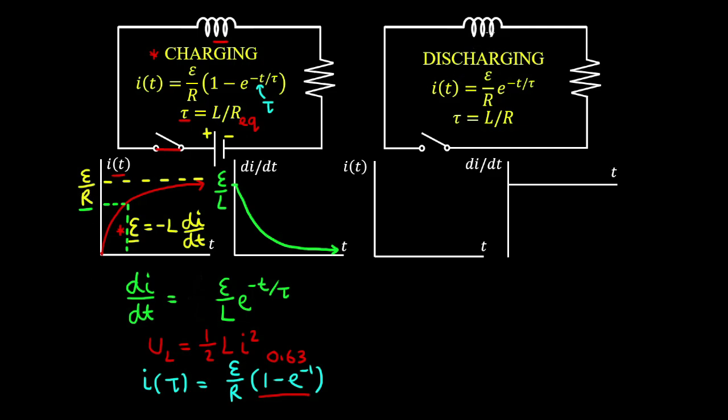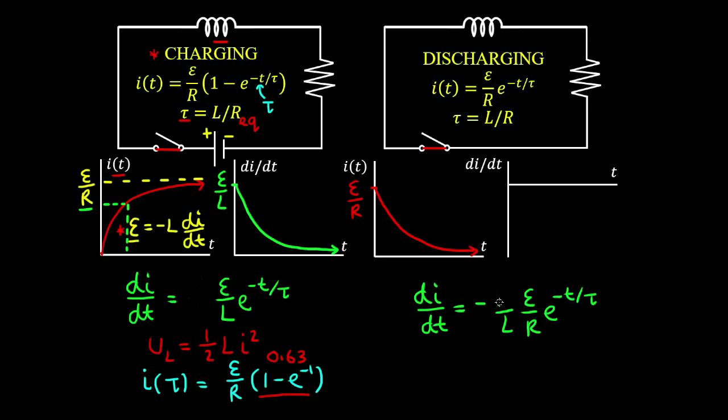Now for the case where the inductor is discharging, so initially it has stored energy in its magnetic field, when we close the switch, the current starts at epsilon on R and then reduces gradually and asymptotes to 0. And again, if we differentiate the current with respect to time, we get minus 1 on tau, which is R on L, by epsilon on R, by e to the minus t on tau.